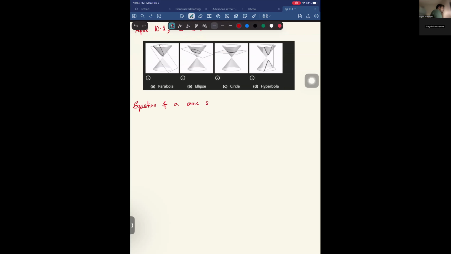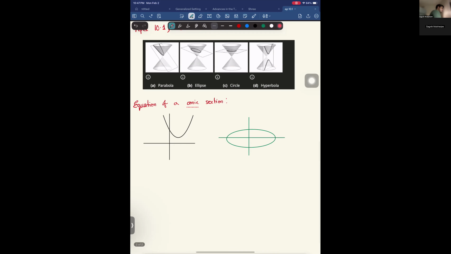As you can see, these conic sections will look like this, maybe something like this, or maybe something like this, or something like this.